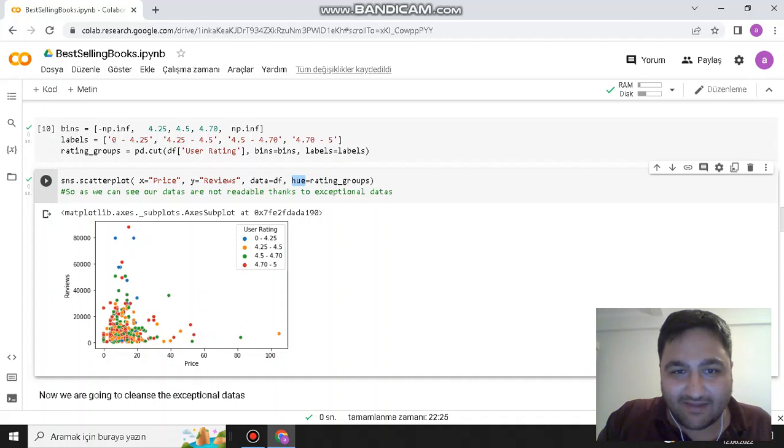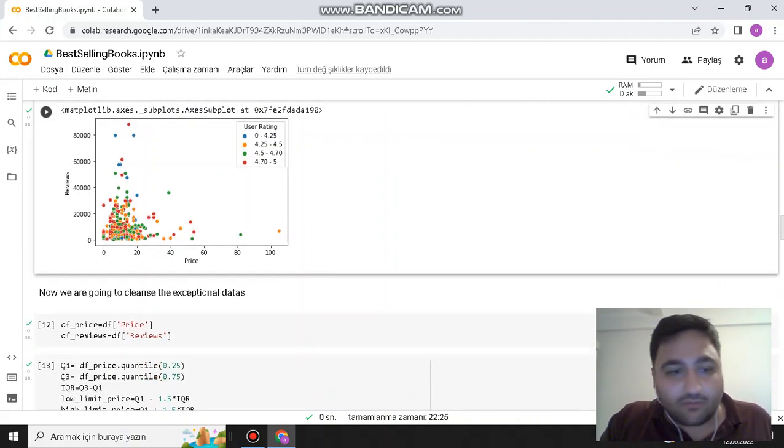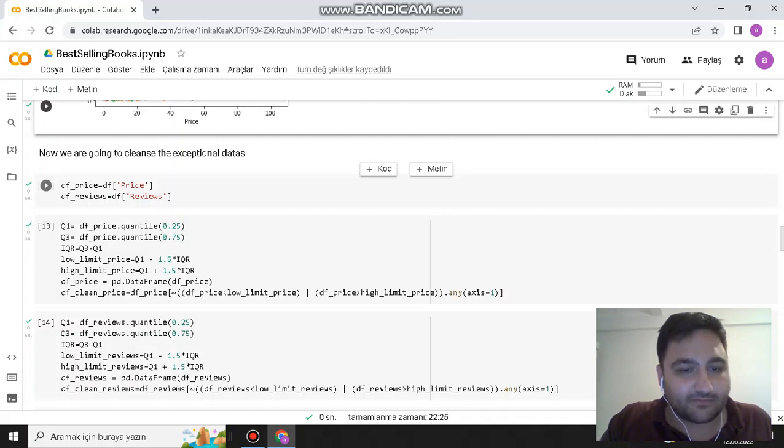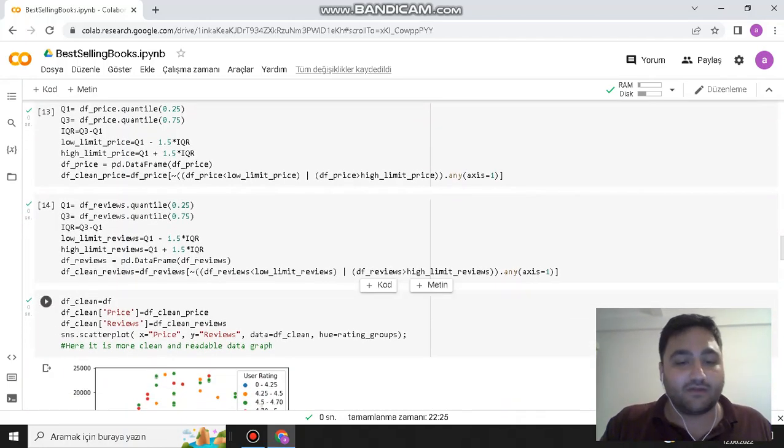So in here hue, there's different colors, but as you can see, this data doesn't show anything, and it's super ugly because of this extreme data, as you can see here. Some of them are really high, and some of them have really high reviews. So with these codes, you can see here, we are cleaning the extreme data. We are giving them a score, and we are just not including them.